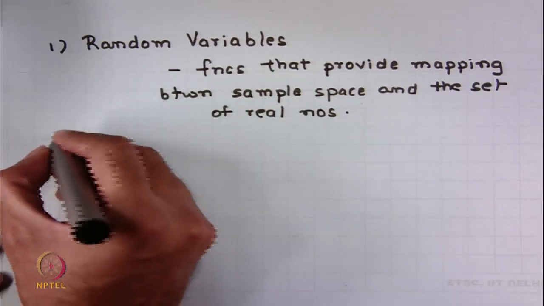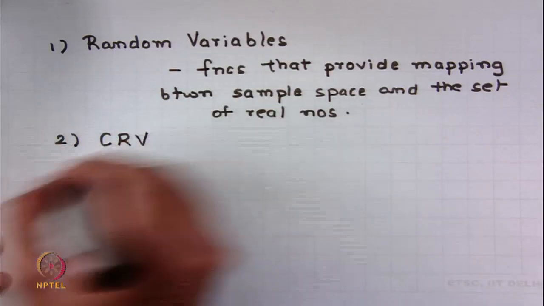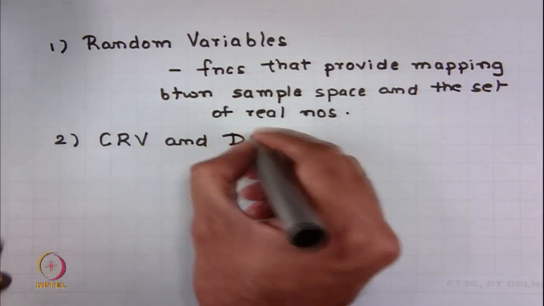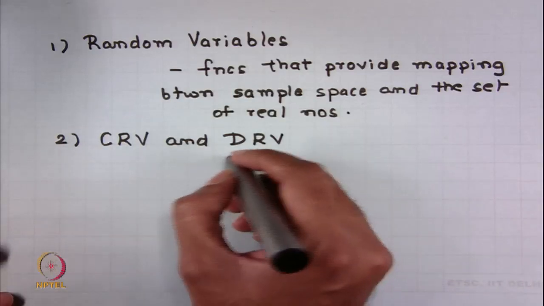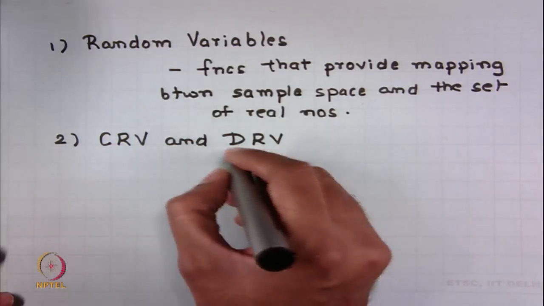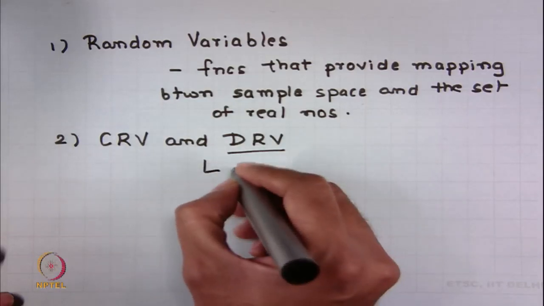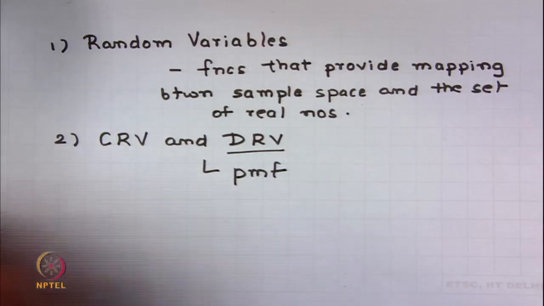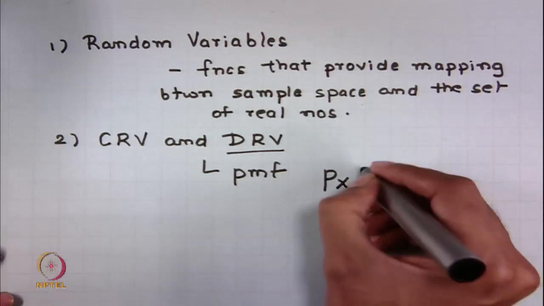Secondly, what we did is we introduced continuous random variables and discrete random variables, and we basically spent most of the lecture in studying about discrete random variable, and for discrete random variable we introduced probability mass function, and we said probability mass function is represented like this.